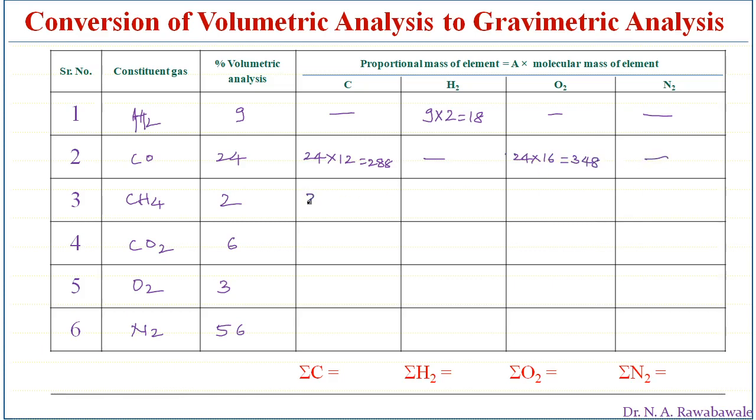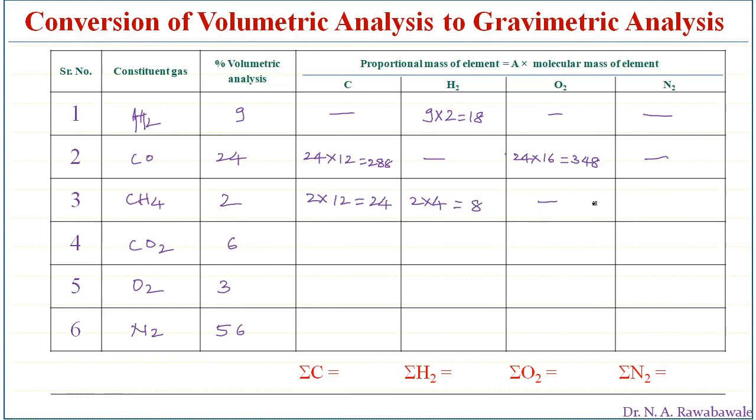Then for methane, 2% of carbon with molecular mass 12 gives 24. Then hydrogen is there: 2 into the molecular mass of hydrogen, H4, so 4 into 2, which is equal to 8.